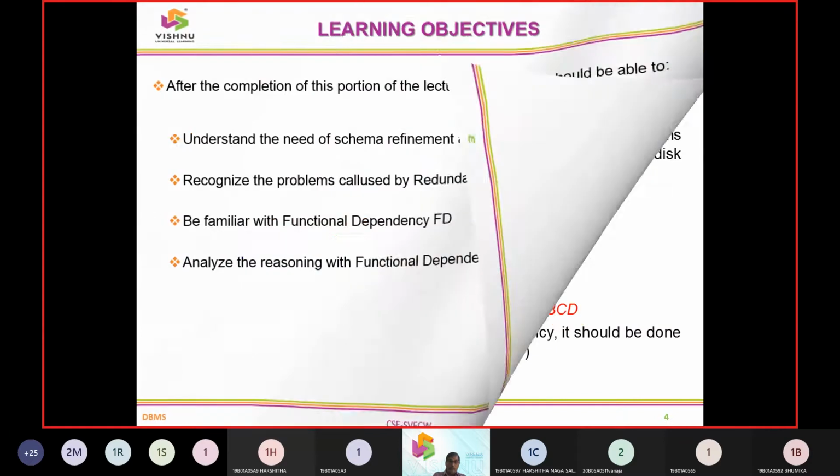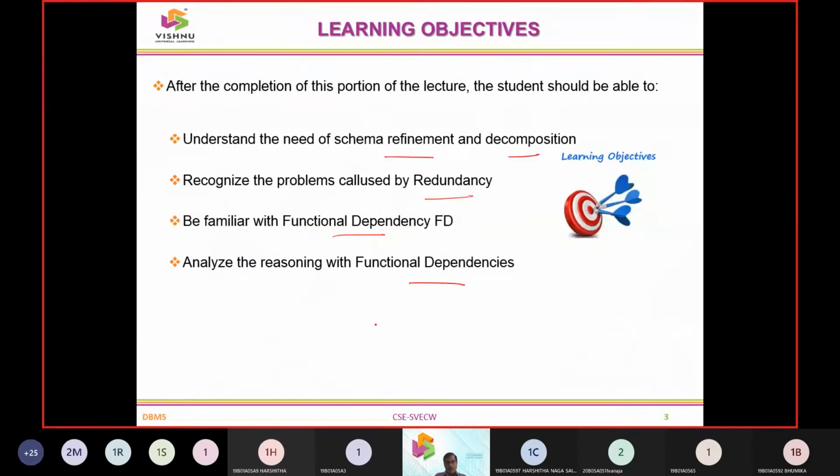So up to now, what are the takeaways? One, we were talking about redundancy. Redundancy is nothing but duplicate of data. Duplicate data can be eliminated. How are we going to eliminate it? We eliminate it by decomposition. What is decomposition?